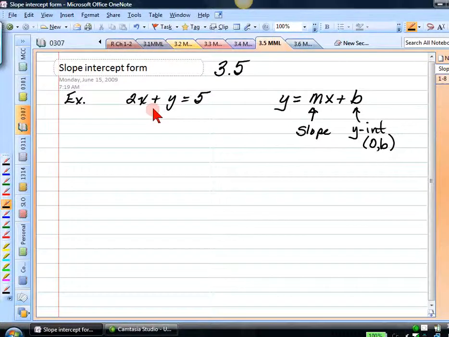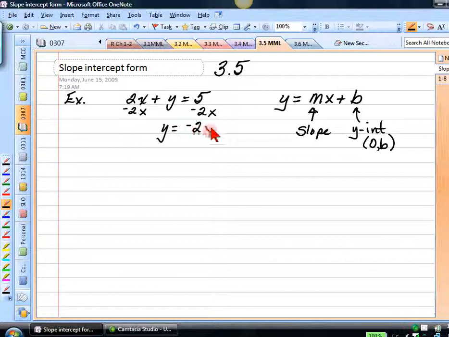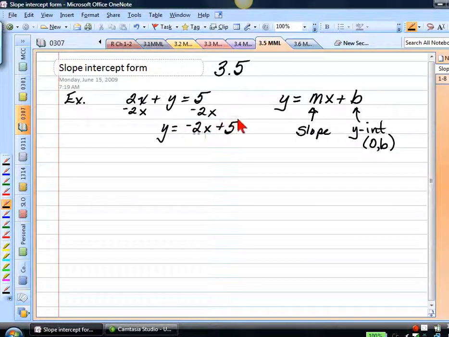If I wanted to get this equation in that form, what would I need to do? I would have to get the 2x to go to the other side, so I would subtract 2x, and I would get y is equal to negative 2x plus 5. One of the first skills that I'm going to ask you to do, and it seems almost too easy, is tell me what the slope is. Negative 2. And what is the y-intercept? 5.